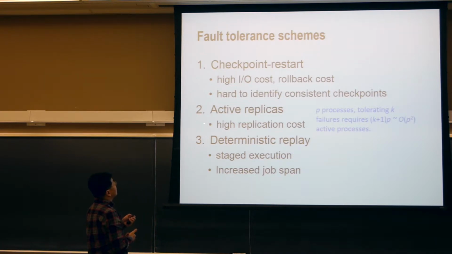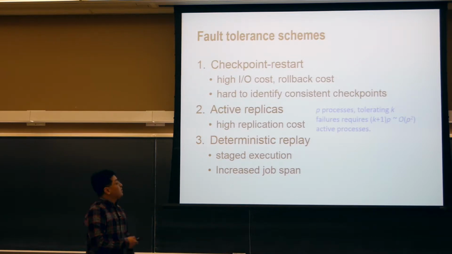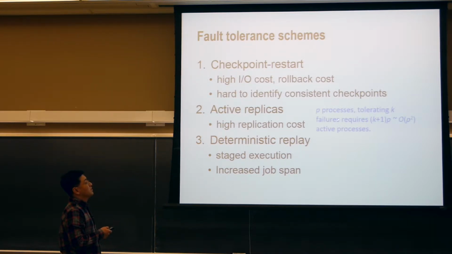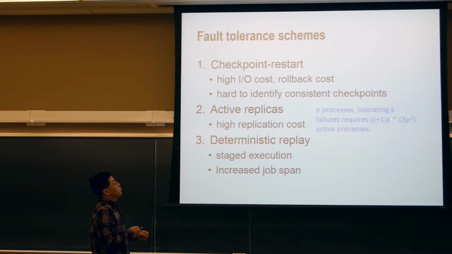The second kind is called active replicas. The idea is that we make several copies of each process, and if one copy fails, we have other copies to back up. However, in general, if we have P processes and we want to tolerate K processes failing, we need to make K plus 1 times P replicas.